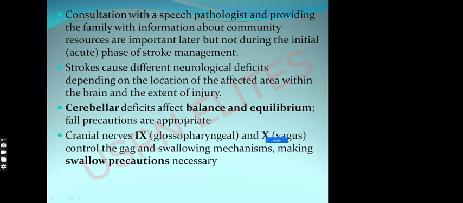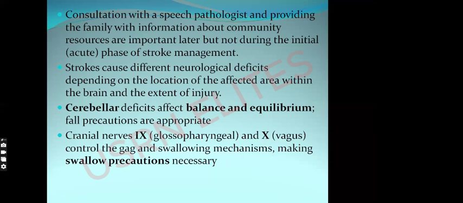When we talk about the cerebellum, this part of the brain helps us to maintain balance and equilibrium. So if you can run and not fall, if you can walk precisely through a particular path without falling off, then it's because your cerebellum is very intact.